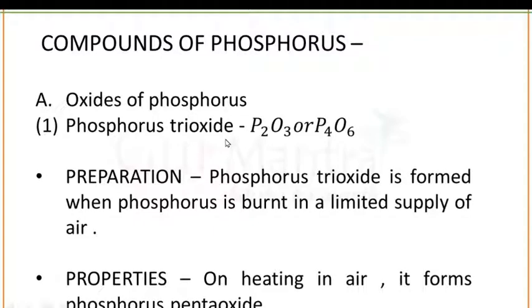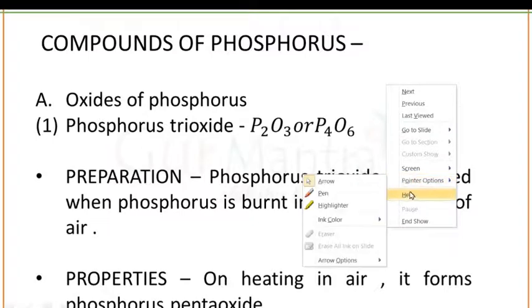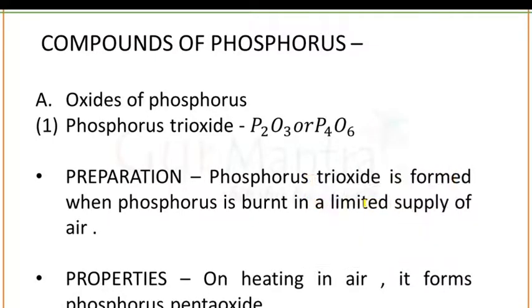If we talk about the preparation method, phosphorus trioxide is formed when phosphorus is burned in a limited amount of air. This is very important. To prepare phosphorus trioxide, you have to burn phosphorus in a limited supply of air.